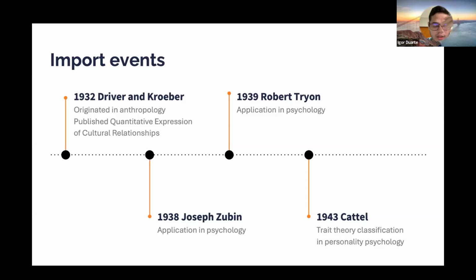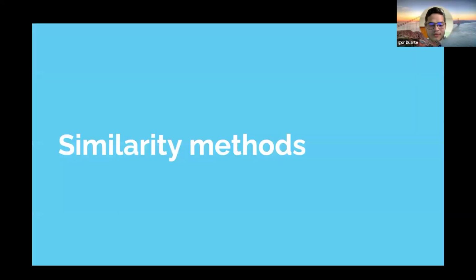Subsequently, the method was further explored in psychology by Joseph Zubin and Robert Tryon, and finished by Cattell. I think Cattell is the most famous for applying cluster analysis in his methods about personality traits. So here are, for me, the most important events in the cluster history.